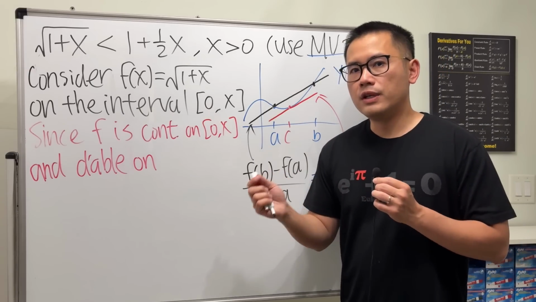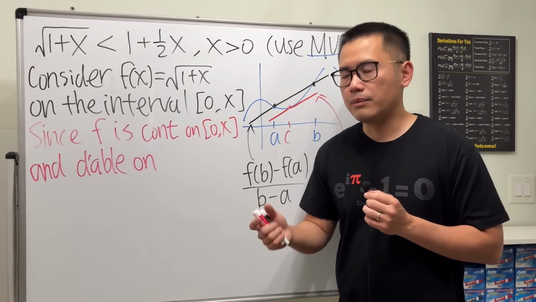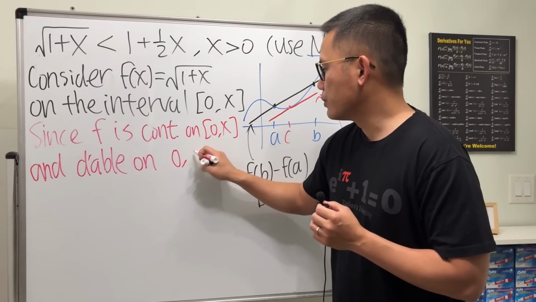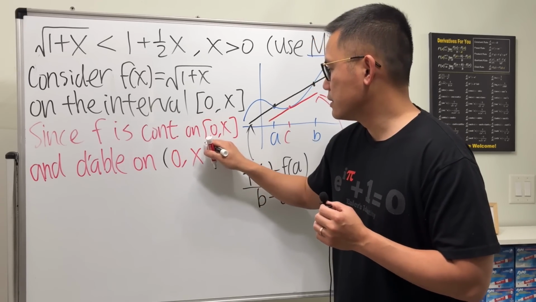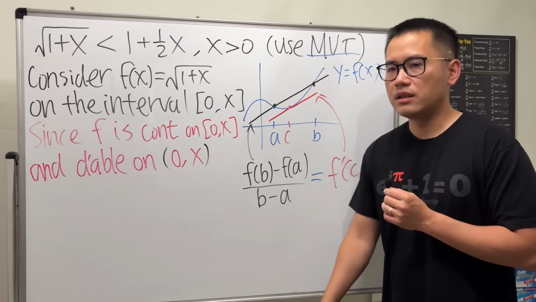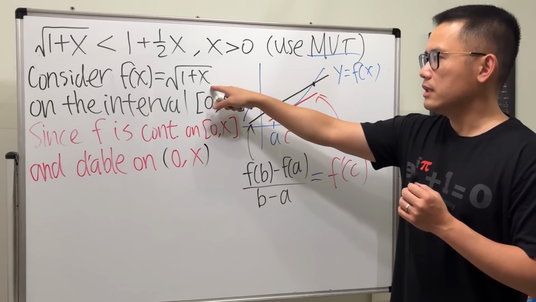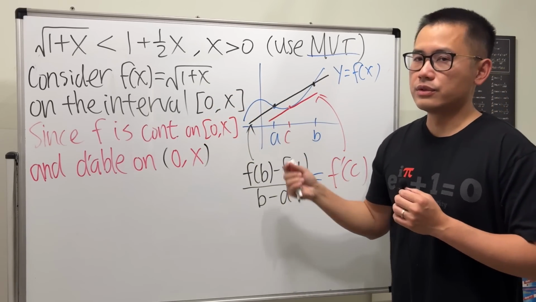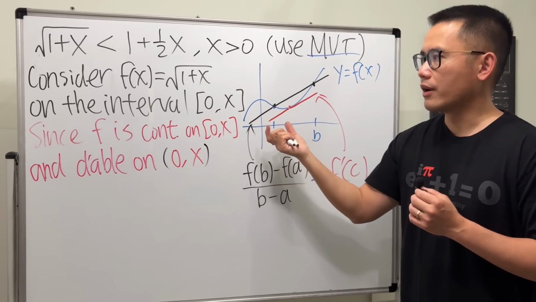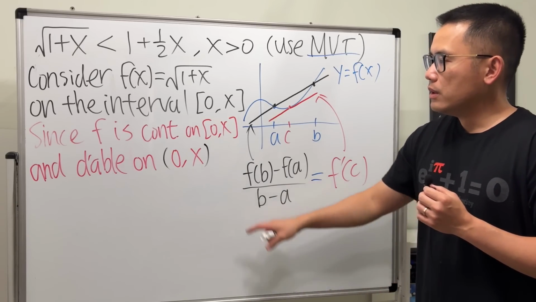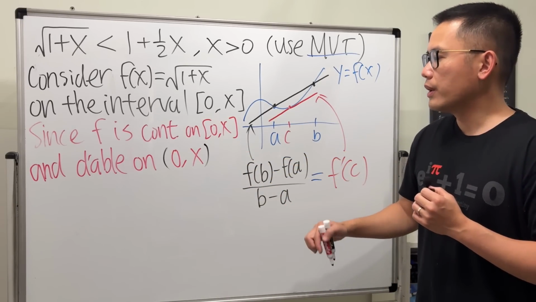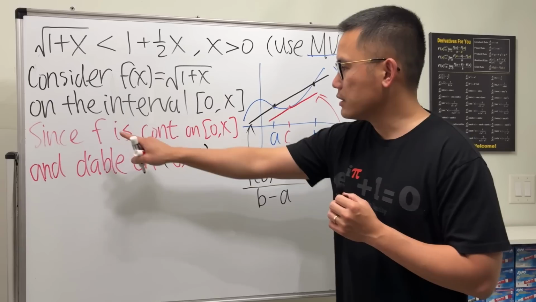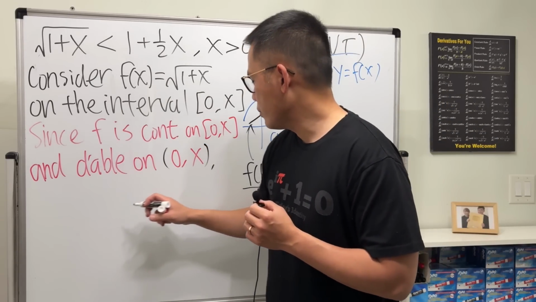When you mention the differentiability, you do not have to mention the endpoints. It's just 0 to x, so parentheses. So that's just the standard thing that you should mention. Plus, it is nicely behaved on this interval, so depending on whether you need to do more work on that or not.